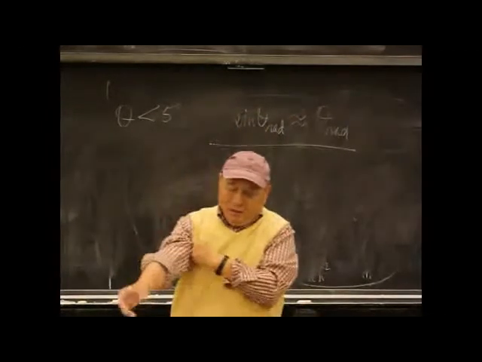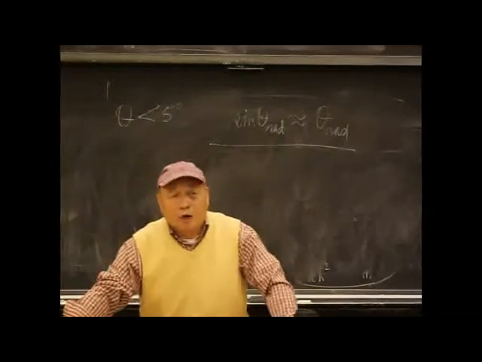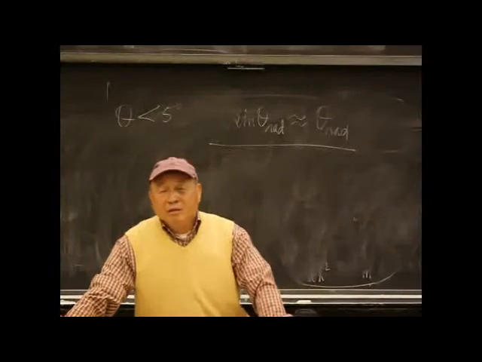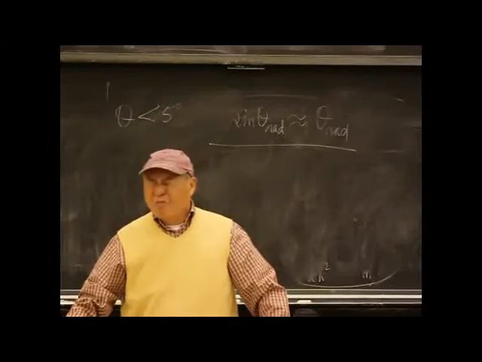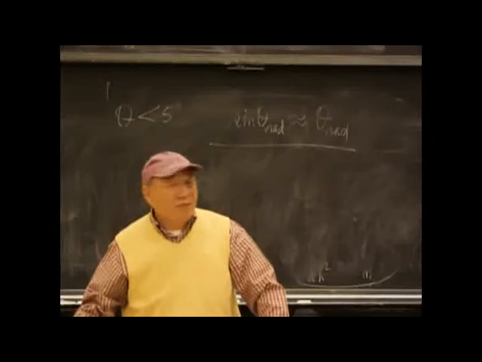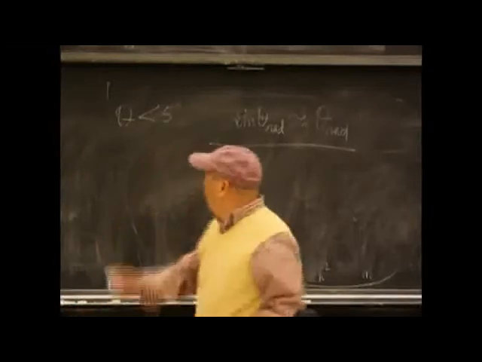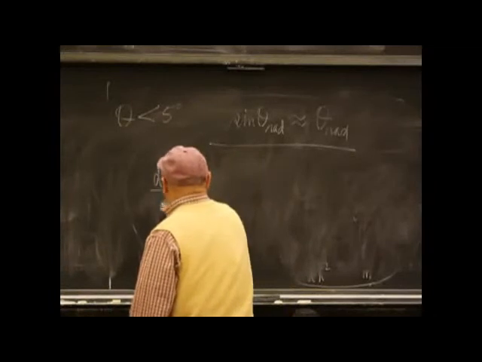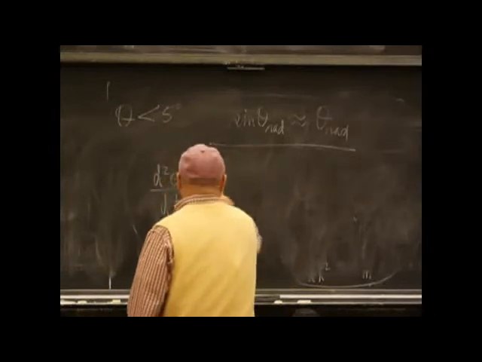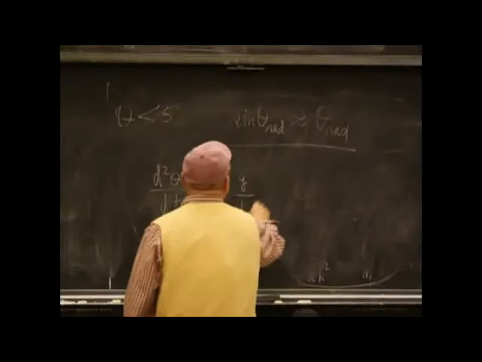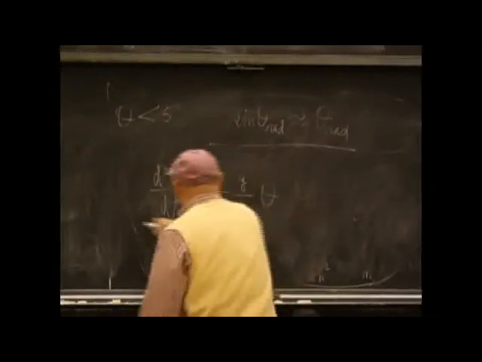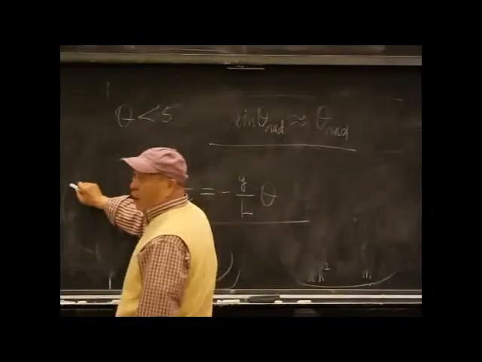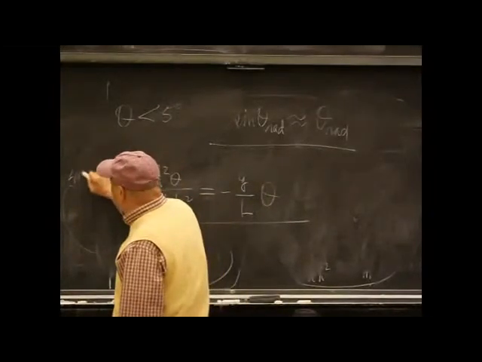That simple pendulum clock is very accurate, to a thousandth of a second. So using this, you have d2 theta dt2 equal to minus g divided by L times theta. Ladies and gentlemen, this represents simple harmonic motion for the simple pendulum.